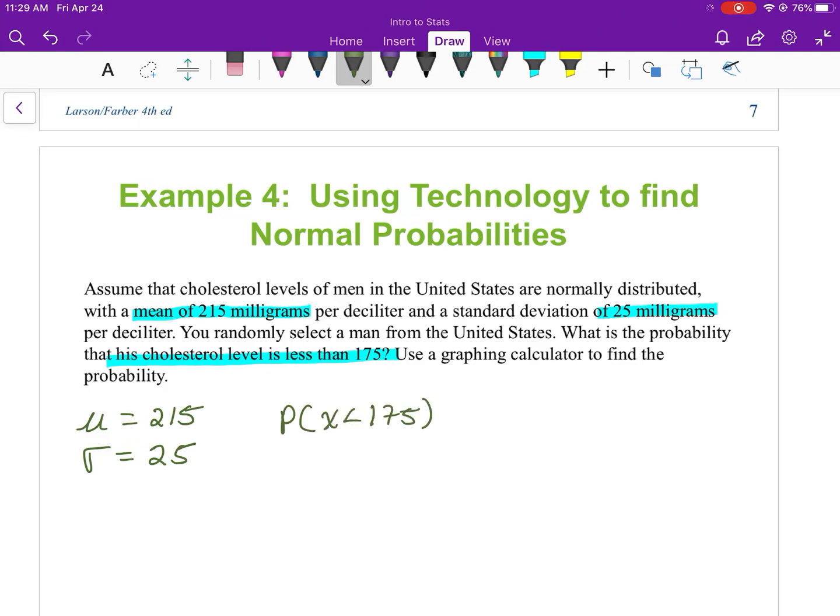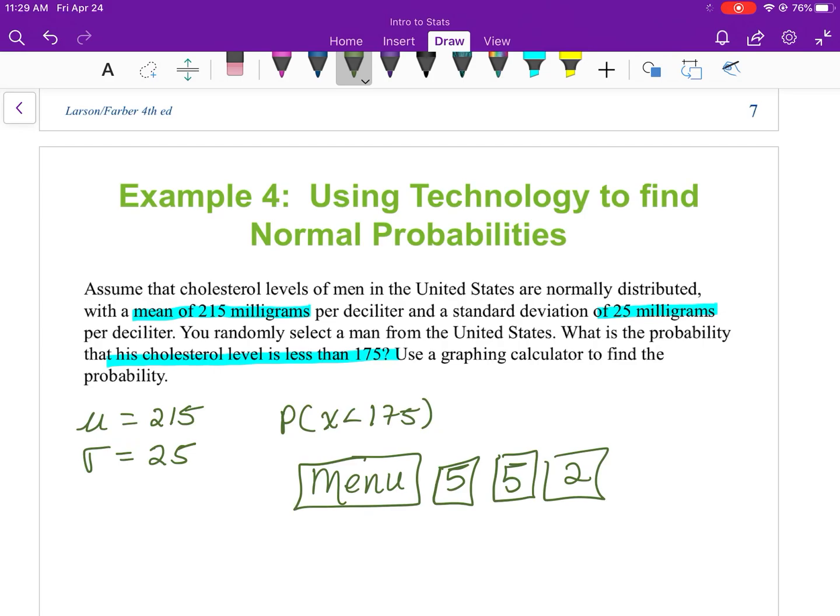So what you're going to do is turn on your calculator, of course, go to your regular calculating screen, hit menu, and then 5 for probability, and then 5 for distributions, and then normal CDF, which is option 2. It says lower bound.